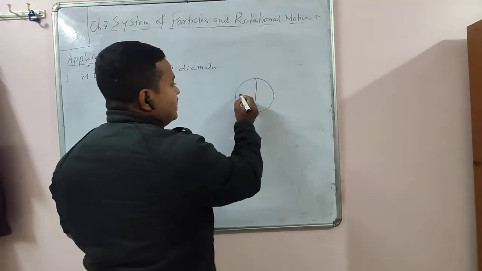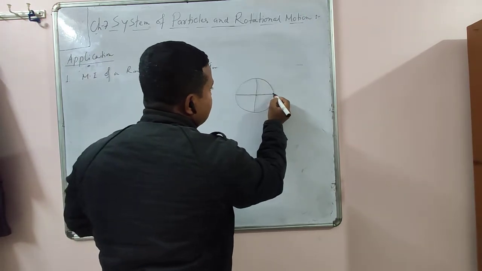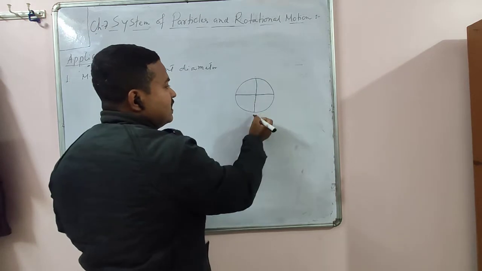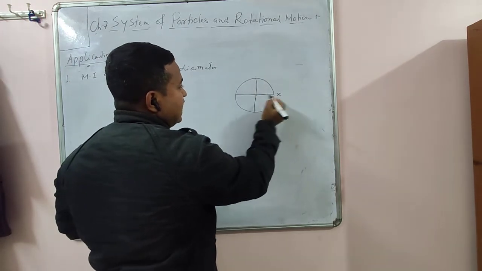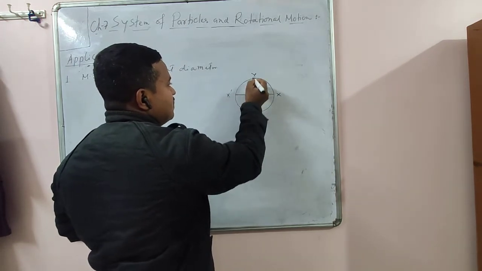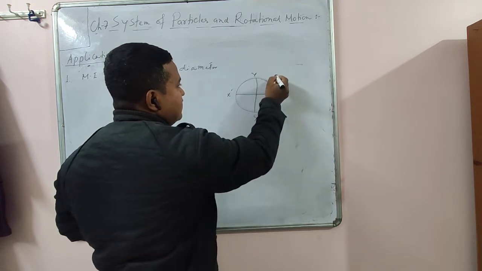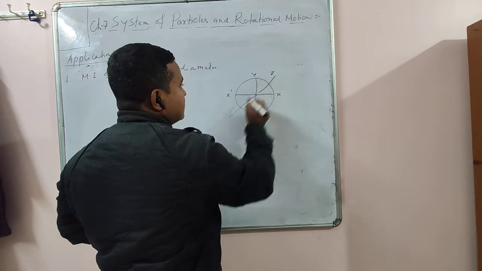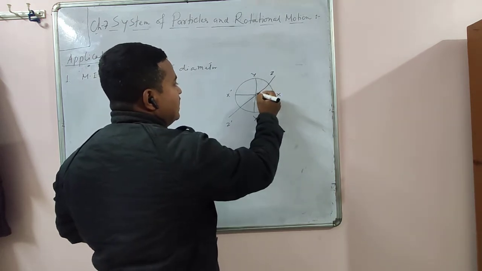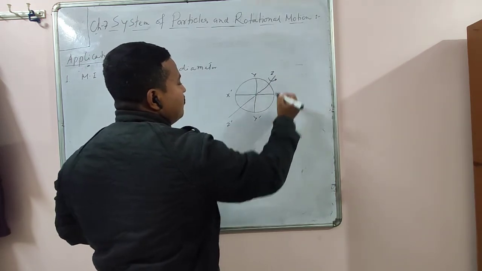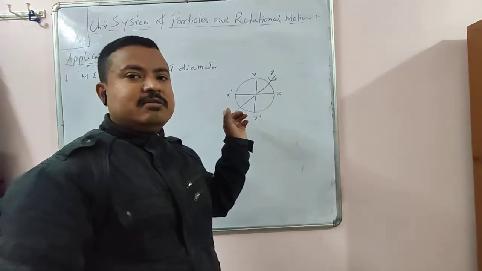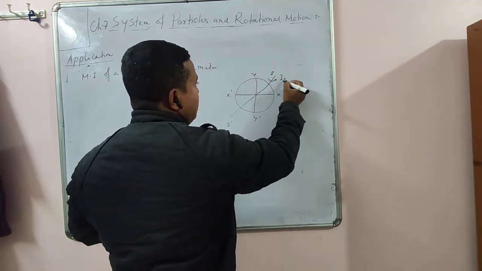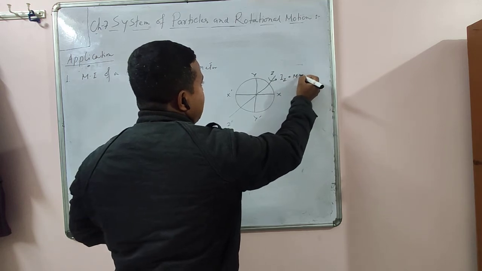In the perpendicular axis theorem you require three axes. So this is a diameter, this is another diameter. Suppose this is the x axis, this is the y axis, and this is the z axis, because you require z also. I have already given you the moment of inertia of a ring about the z axis, that is mr square, and you have to remember this value.